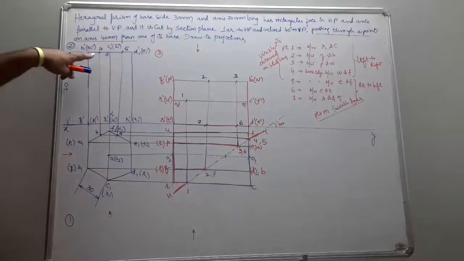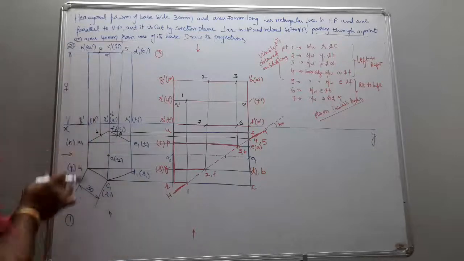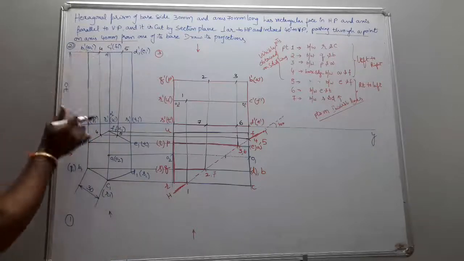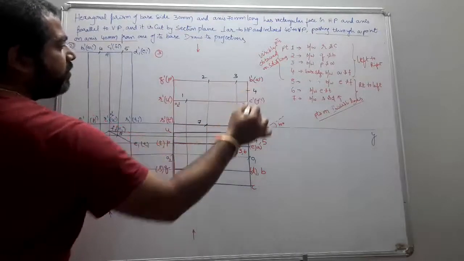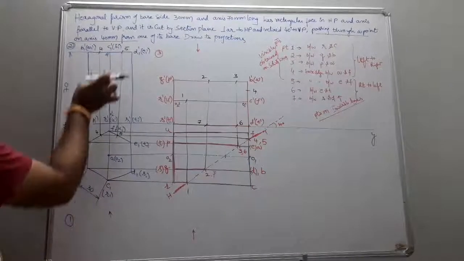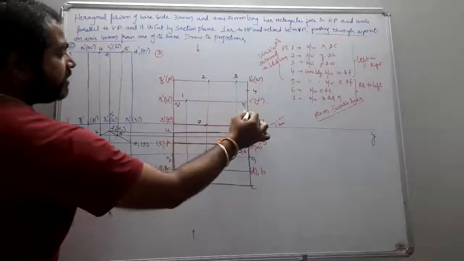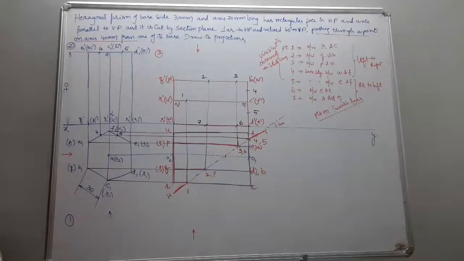Now you can see point 4 is going to be obtained in between A dash and F dash. So let us take this radius: B dash 4 as radius, B dash as center, draw an arc to obtain your point 4. Similarly, C dash 5 as radius, C dash as center, draw an arc to obtain your point 5. Students, is it clear now? Do you understand how I obtained my points 4 and 5?